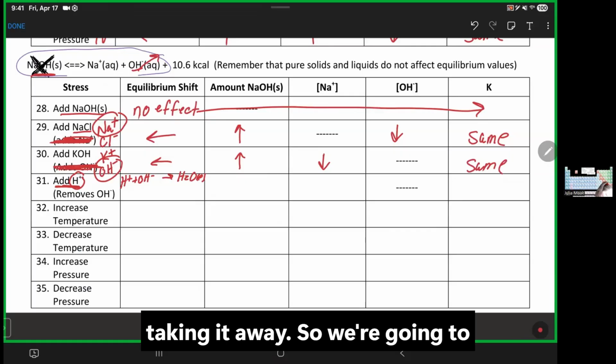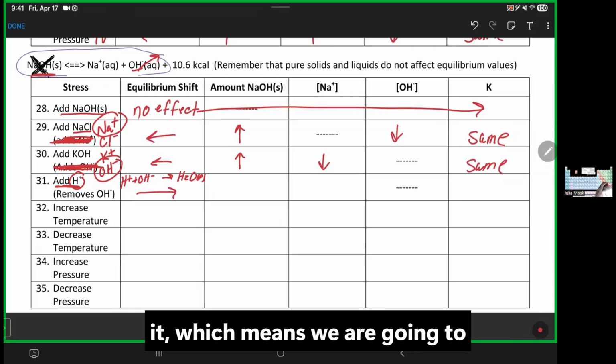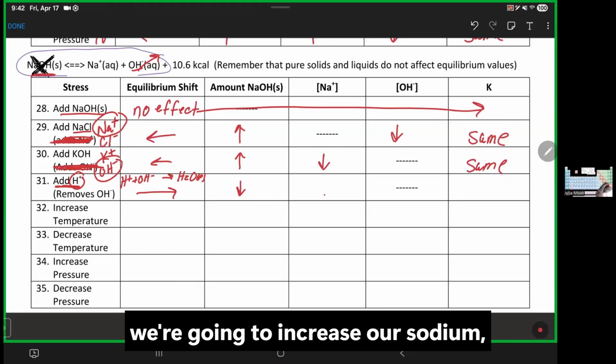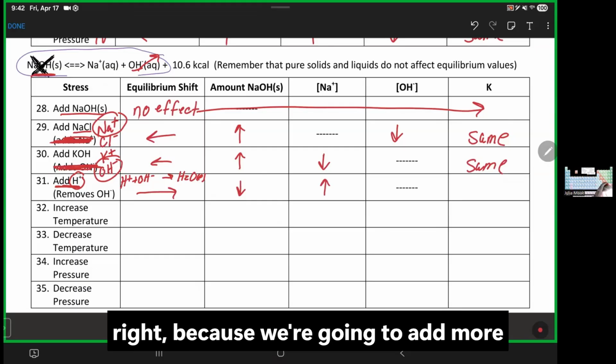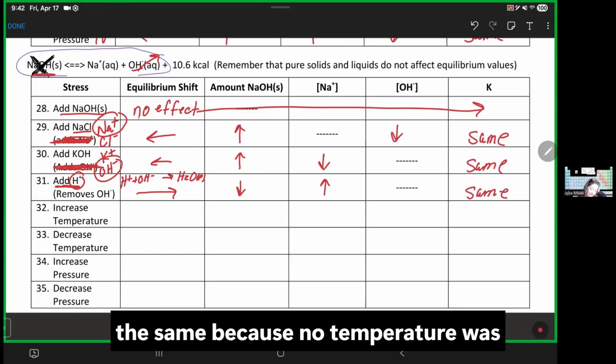We're taking it away. So we're going to have to shift towards it to replace it, which means we are going to use up some of our sodium hydroxide. We're going to increase our sodium, right? Because we're going to add more to that side and our K stays the same because no temperature was involved.